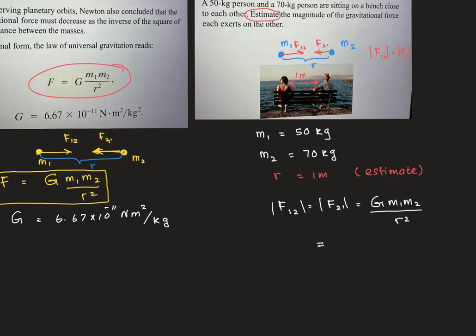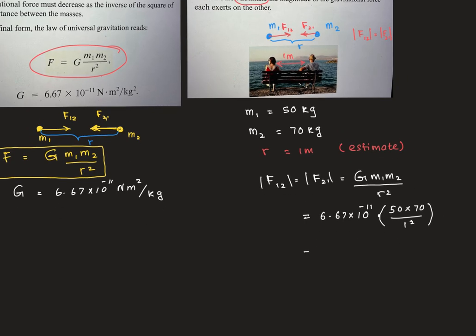So if you plug the numbers in, G is 6.67 times 10 to the negative 11, and then multiplication. If you like to use parentheses, go for that. There you have 50 times 70, and in the denominator it's easier for us, since I picked the distance as 1, 1 squared remains 1.